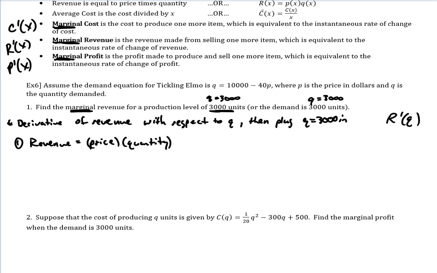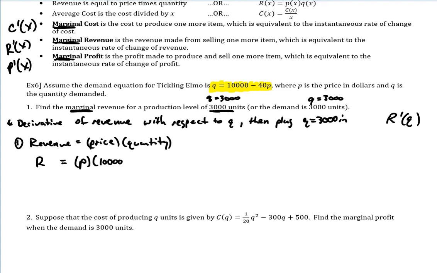So notice they gave us this Q equation, so we have two forms that we could write our revenue in. I'm going to write R equals the price, which we could just say is P, times the quantity, which is equal to 10,000 minus 40p.